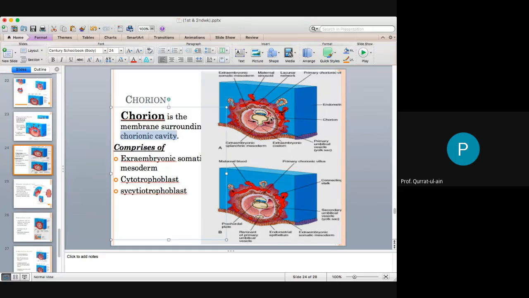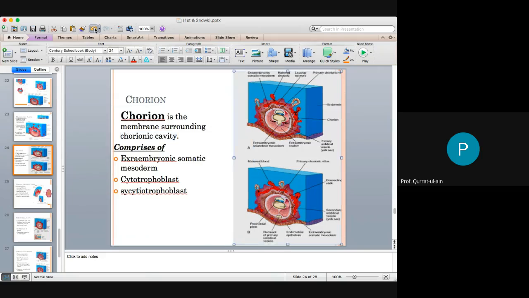The inner layer of the extraembryonic mesoderm, the outer layer of extraembryonic mesoderm, in between the chorionic cavity, and this outer layer plus cytotrophoblast and syncytial trophoblast is forming a thick membrane which is known as the chorion, which is forming the wall of the chorionic cavity. Right? So this is about the formation of the chorionic cavity.